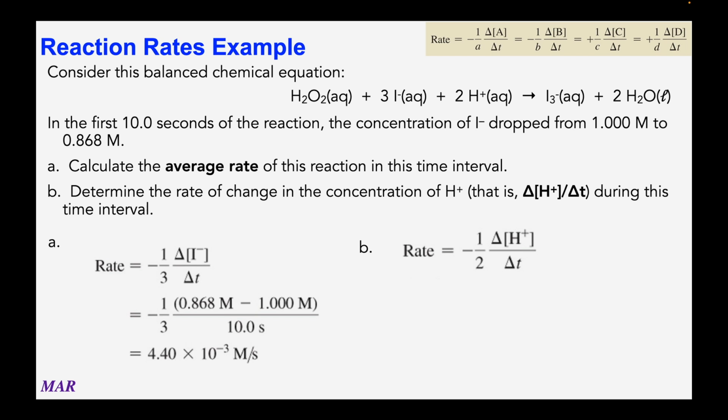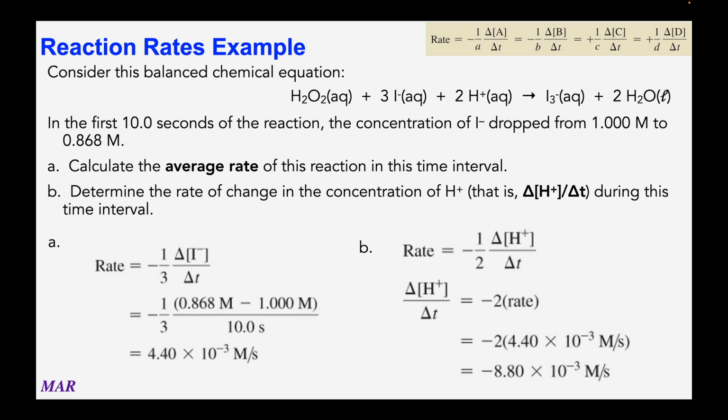So this is what we have. Now the rate, the expression on the left, that's 4.40 times 10 to the -3. So we're going to rearrange this expression for delta H+ over delta T. If you do that, you get -2 times the previous rate, -2 times 4.40 times 10 to the -3, and that comes out to be -8.80 times 10 to the -3 molar per second.